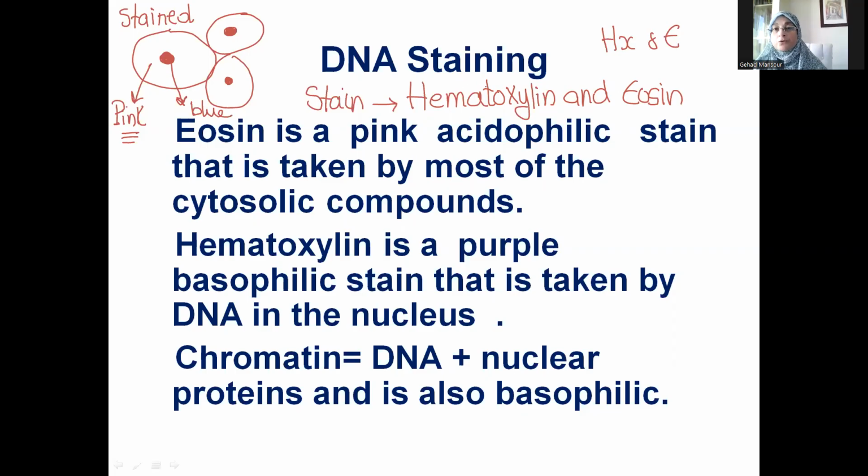Because there are certain structures in the cell that will be stained with hematoxylin, and other structures that will be stained by eosin. Now, eosin is a pink stain, so any structure that loves to be stained by eosin, that has high affinity to eosin, will be pink.